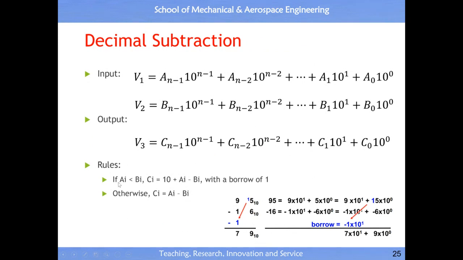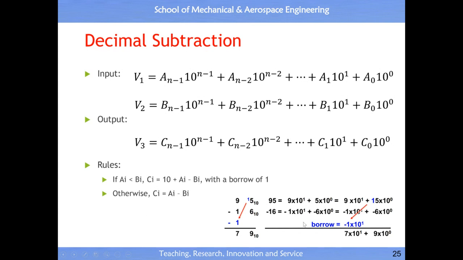If A is smaller than B, then we must borrow 1 from the left-hand side. Because A is smaller than B, when we borrow 1, we borrow a value of 10. Then C is equal to 10 plus A minus B. Otherwise, C is equal to A minus B.